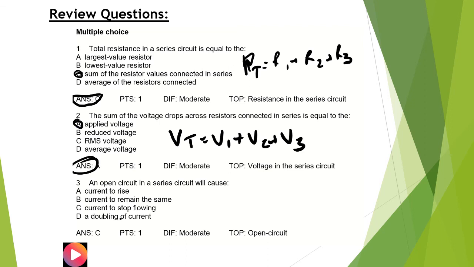Okay, cool. An open circuit in a series circuit will cause the current to reduce to 0. It's just like opening a switch. So an open circuit is like a switch being open.